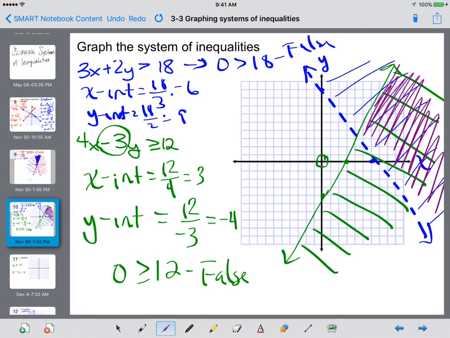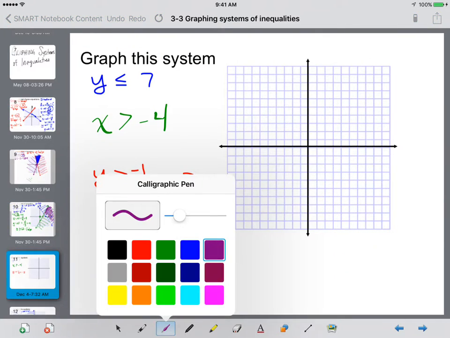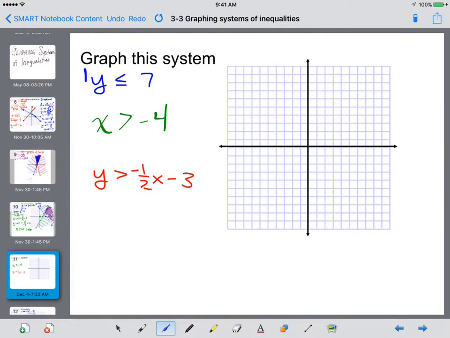I've got one last short example for you. What if we have an equation that just has a y in front of it? Well, remember, this is a horizontal line where y equals 7. So we go up to 7.